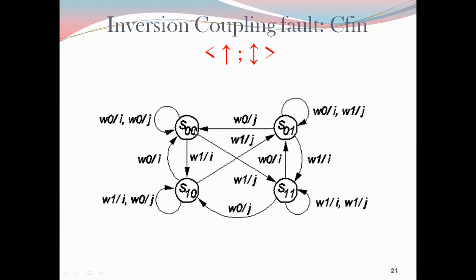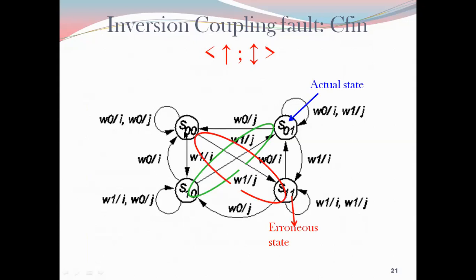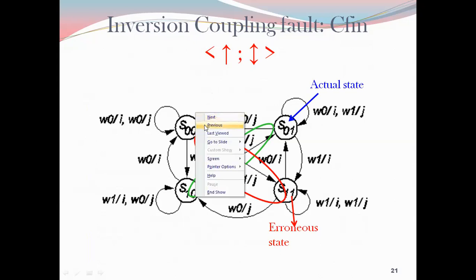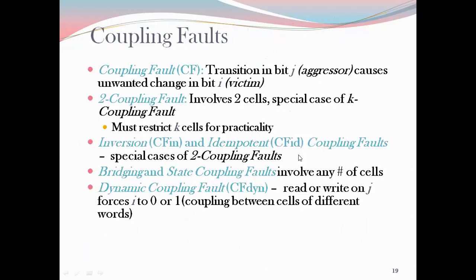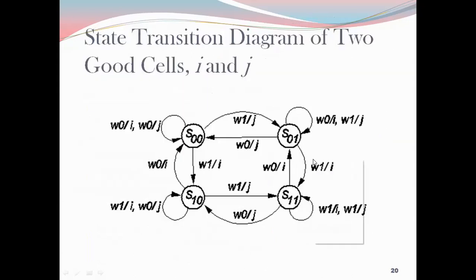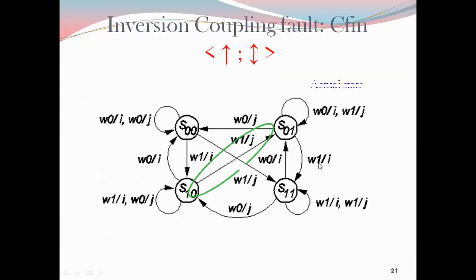Now here, I'm trying to write 1 to my aggressor, that is J. Instead of changing from S00 to S01, which is what it should have changed to when I'm writing 1 to J, it is going to change to S11.